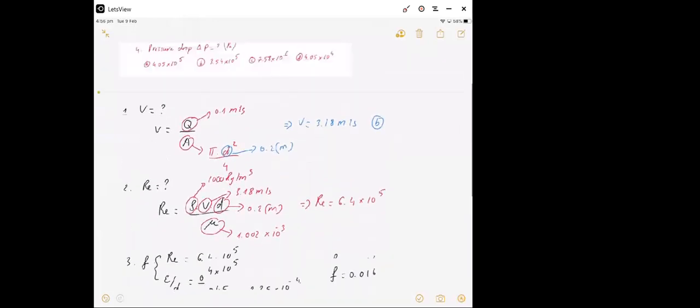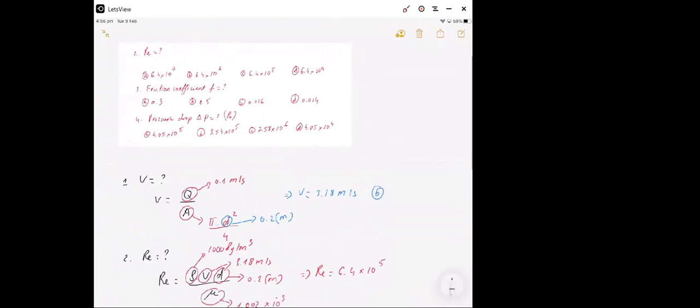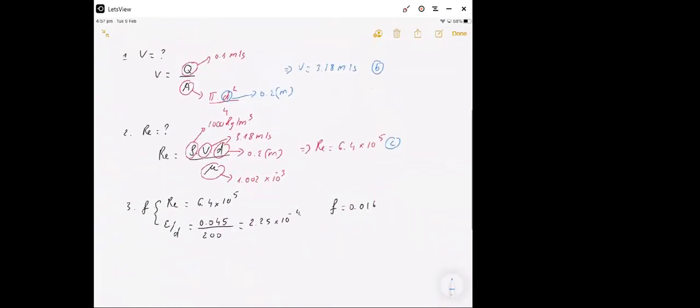The answer in question 2 is C. Yeah, you are correct. And question 3, C. Yeah, correct. BCC is correct.